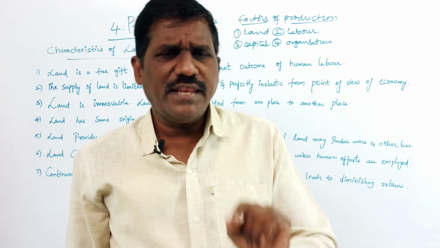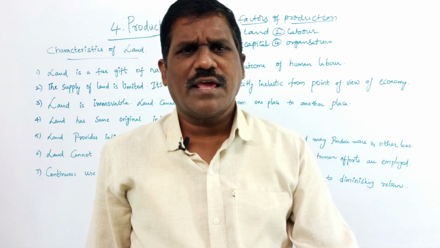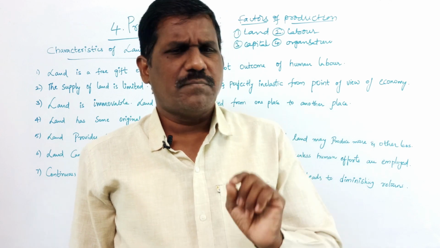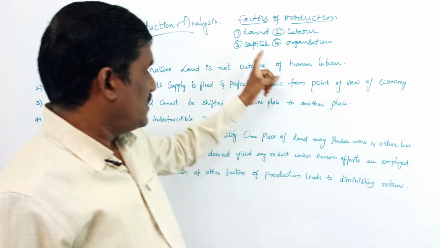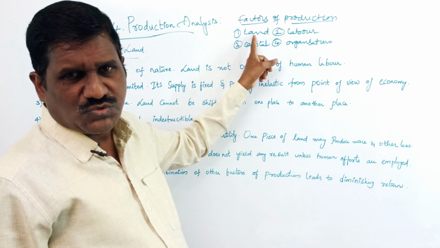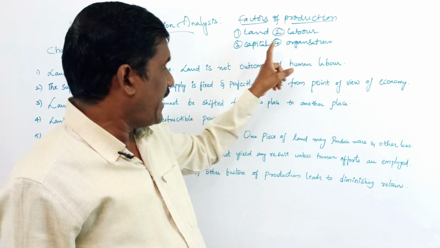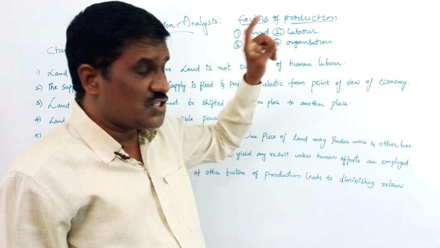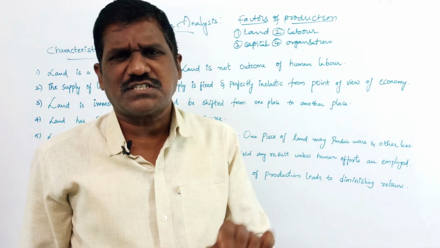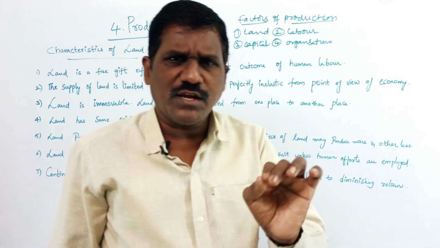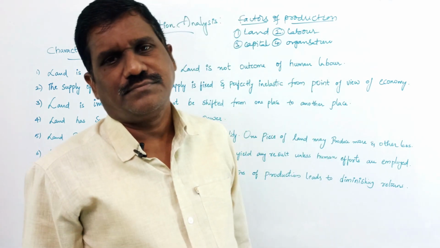To produce any goods and services, we require an organizer, an entrepreneur. It is a must. Land is needed to produce goods and services, labor is needed, capital is needed, and organization is needed. All are factors of production, combined by the organizer to produce any goods and services.